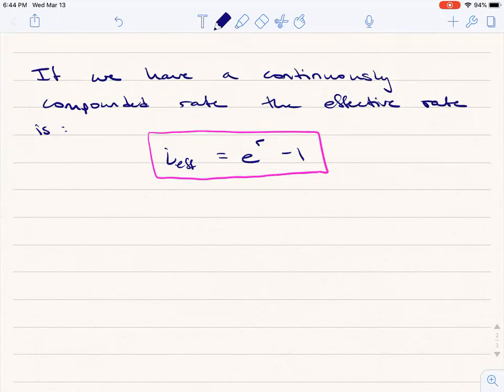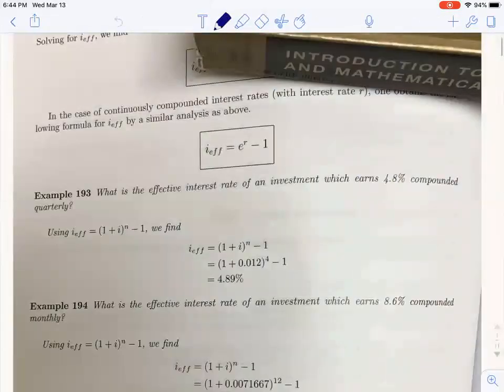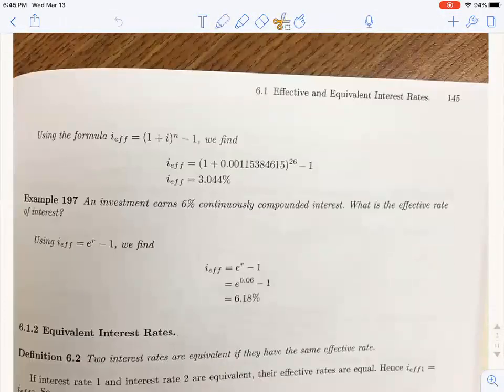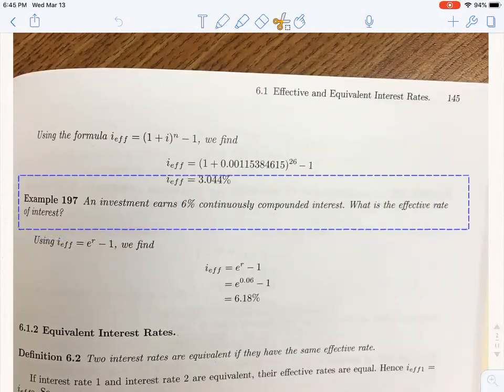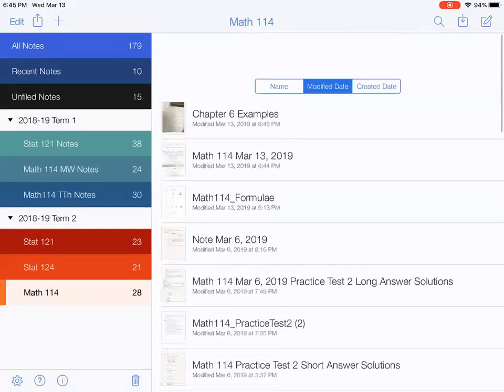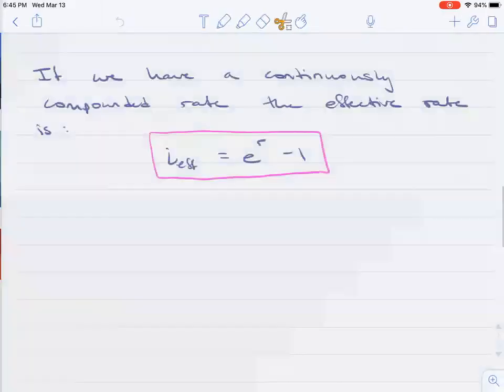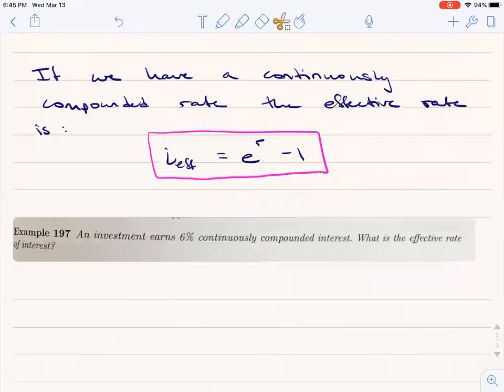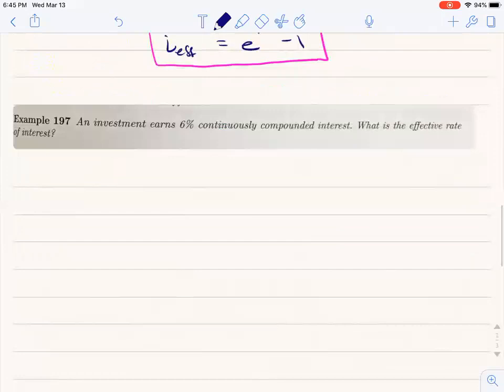Do an example, example 197. An investment earns 6% continuously compounded interest.